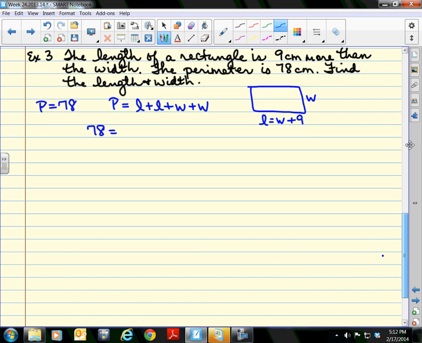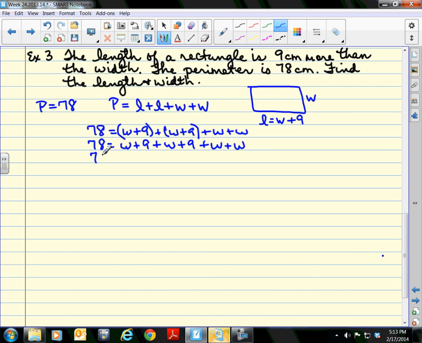So W plus 9, I'm going to substitute in for the first length, and then W plus 9 for the second length, same thing, W, W. We really do not have a need for the parentheses, because they're all being added up. So W plus 9, W plus 9.